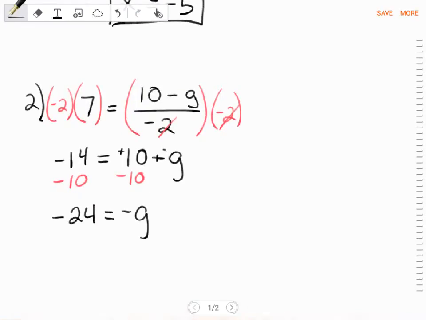Okay, so we still have not solved the equation for g. We've solved it for negative g. But if negative g is negative 24, we know that a positive g should just be a positive 24. Okay, and that would be my answer.